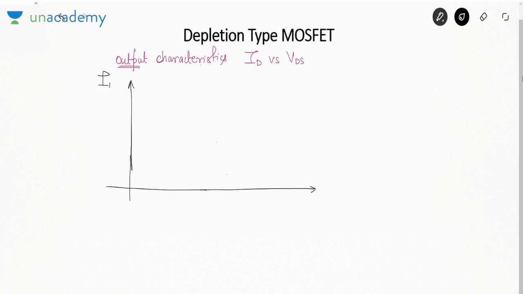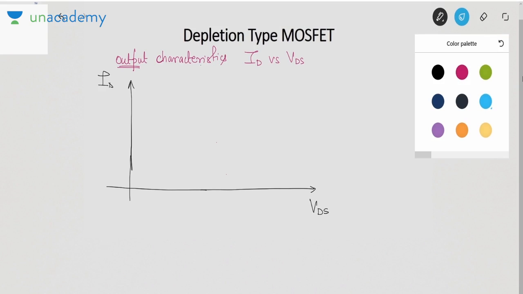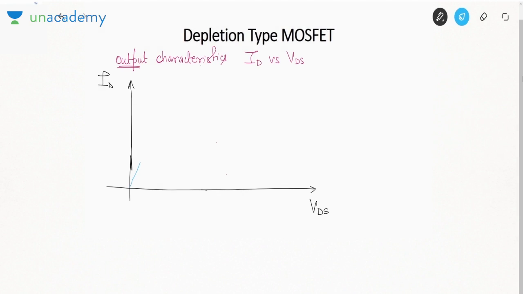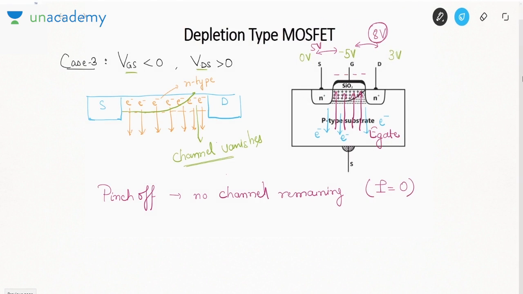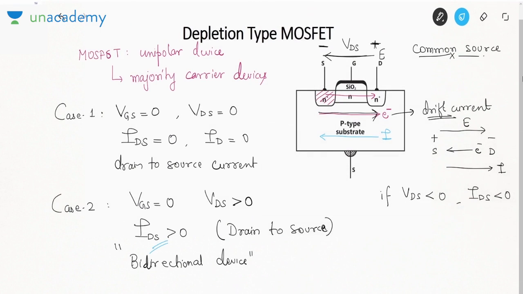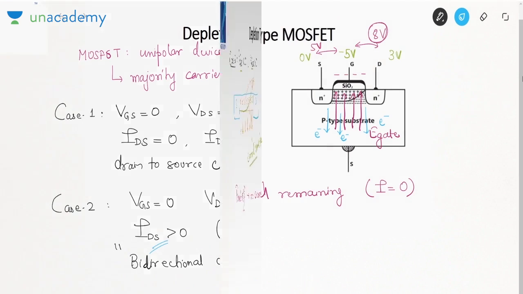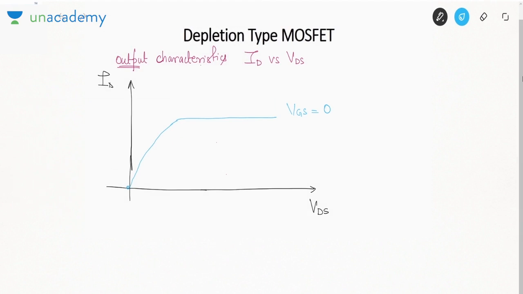First of all, let me draw a reference curve when VGS is 0. So as you increase VDS, the current increases, and when VDS is 0, the current is 0. But after a certain time, the current will saturate. Okay. When VGS is 0, that is the second case I am drawing. This one. The current is positive, but if you keep on increasing the value of VDS, at a certain point the current will saturate.